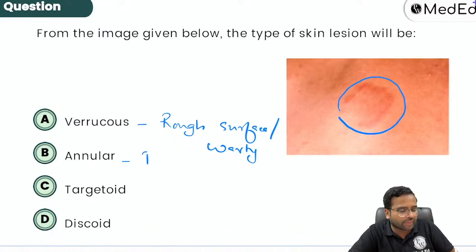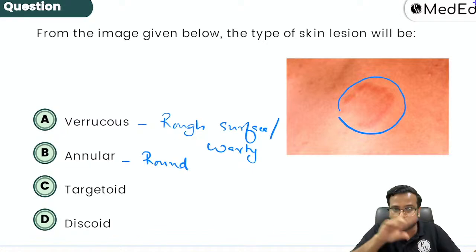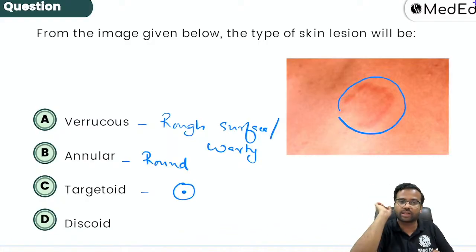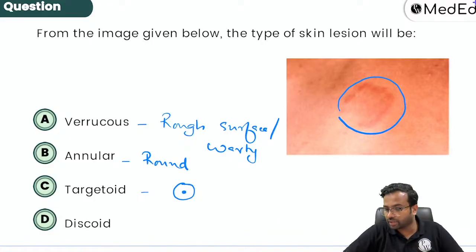Annular means it should have a round shape, right? Targetoid. What do you mean by targetoid? Targetoid means it may have a round shape but something in the center. That is why it is called a target lesion. And discoid, you can take it in two ways.